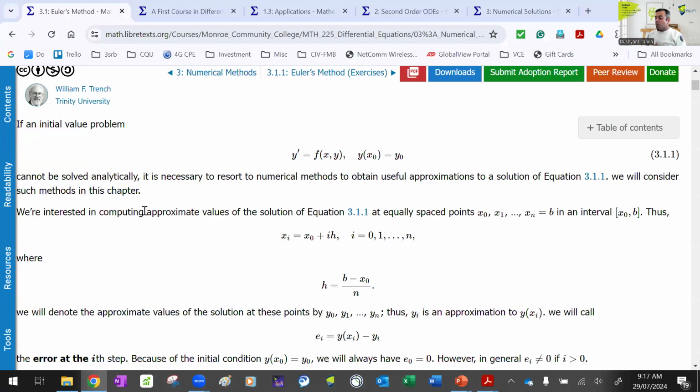Now, in order to obtain the solution, we will divide the whole interval into n equal parts, right? So let's say you got 3 points, A, the midpoint M, and B. How many parts you got? 2.